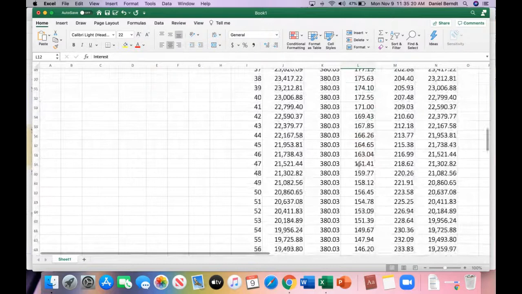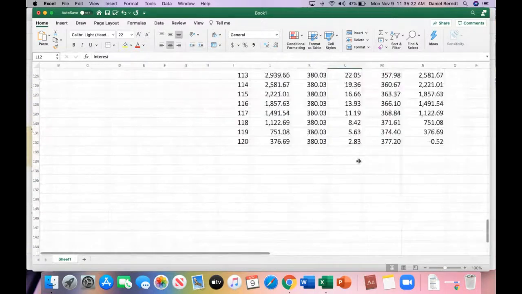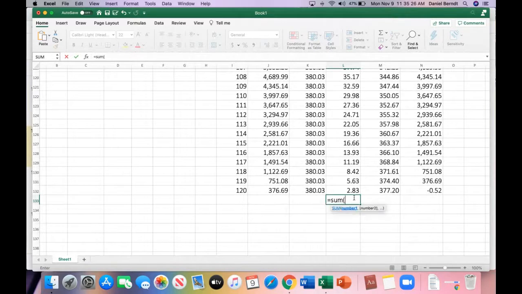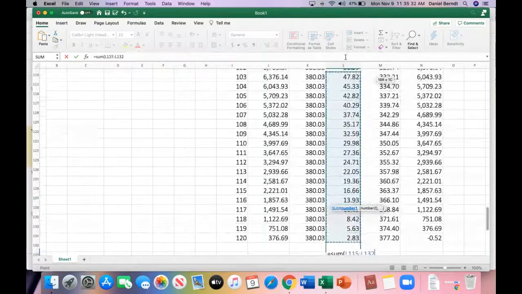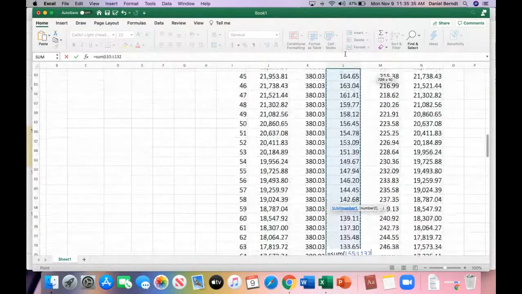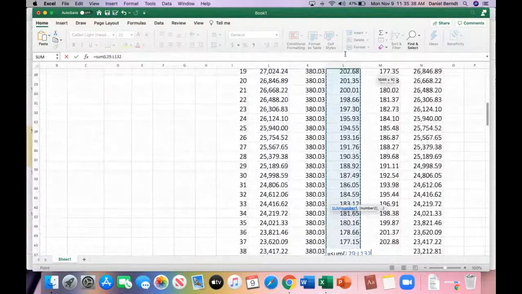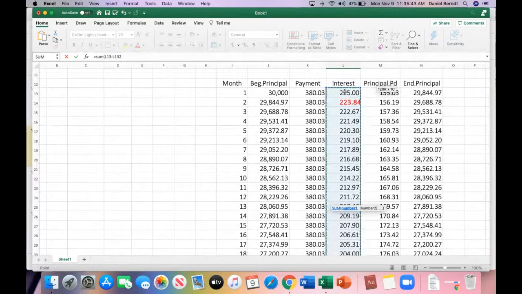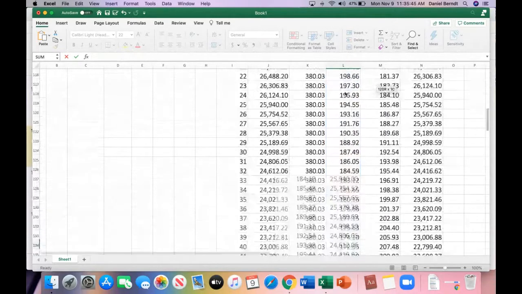Equals sum, grab every cell in this column, close parentheses and hit enter.